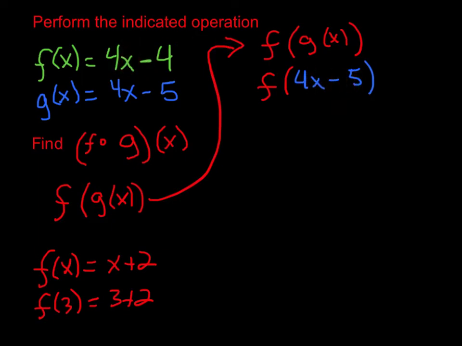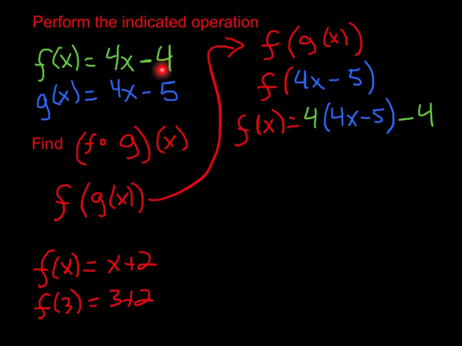So f of x is equal to 4, we'll do that in green, 4 times 4x minus 5 minus 4.